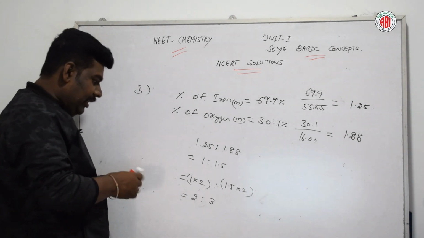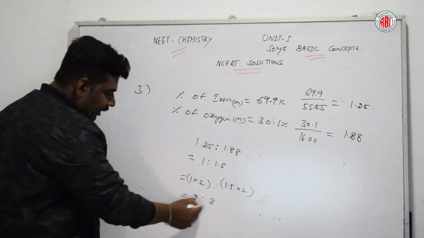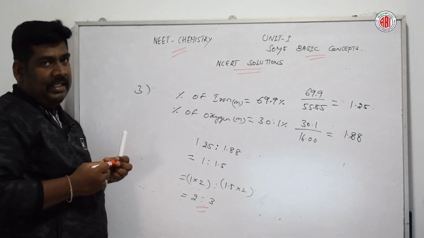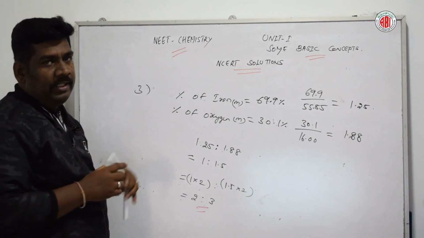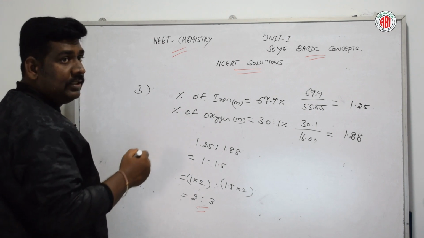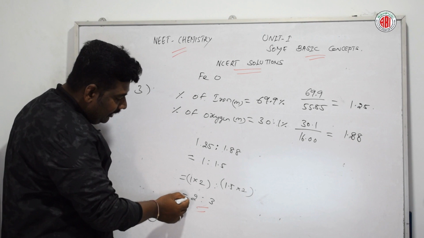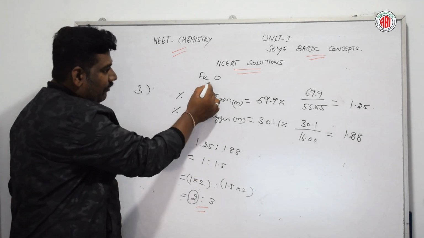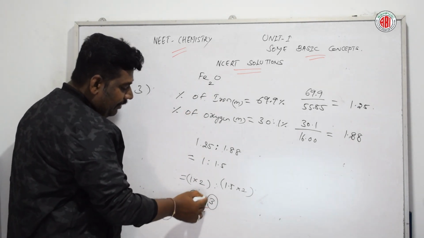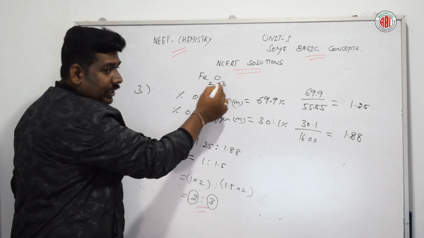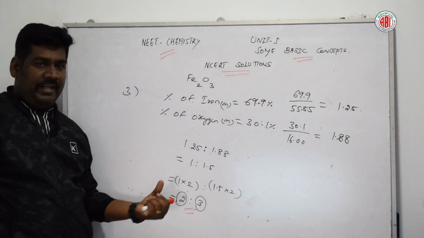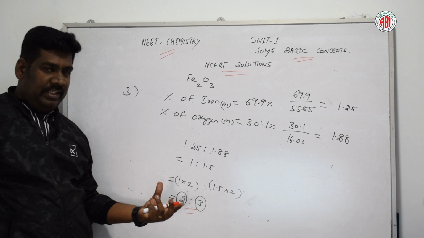Now we have got the ratio 2 is to 3. Let us write the formula. So the empirical formula is Fe and O. Here we use 2 for the first element, Fe2, and 3 for the second element, O3.